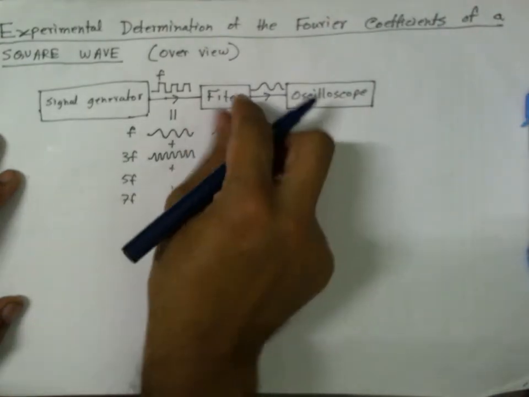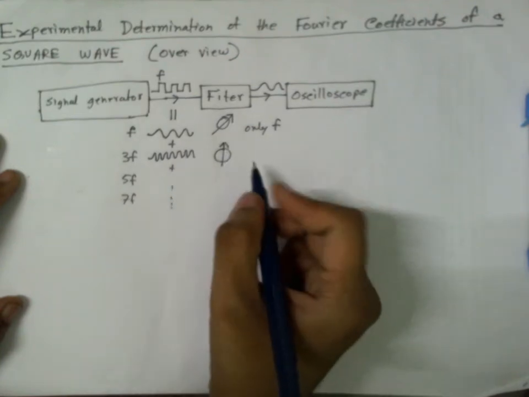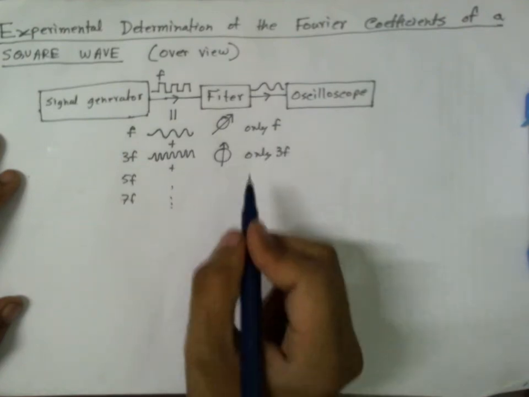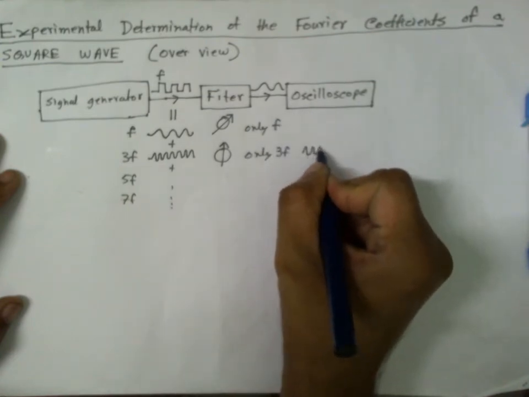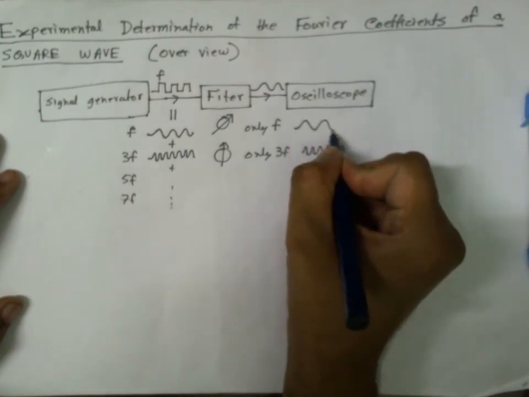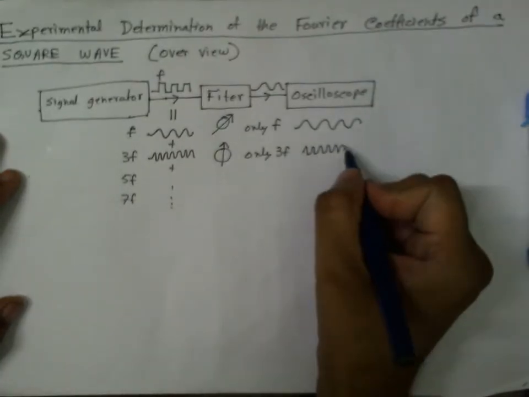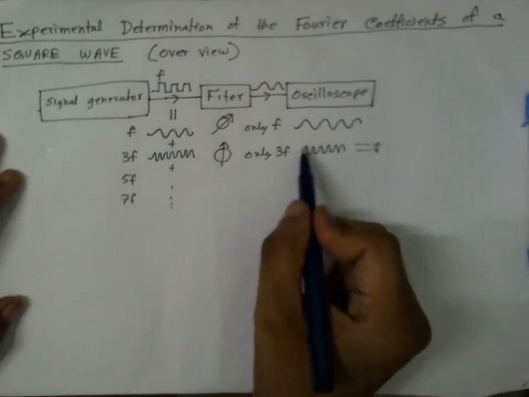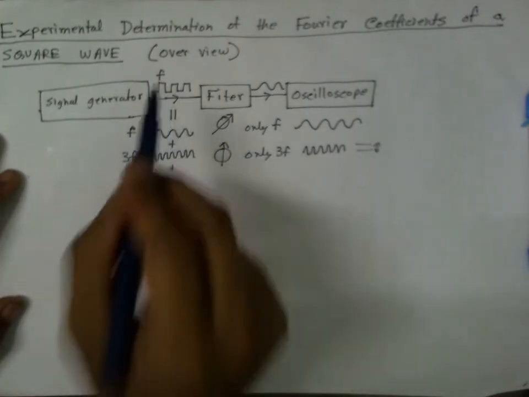Then I will tune this knob and set it to a different position so that only the third harmonic is passed. Then we will have only the third harmonic on this oscilloscope. In the previous case we had the first harmonic, now we have only the third harmonic, and again I can measure this amplitude, and that will tell me the coefficient of the third harmonic in this square wave.